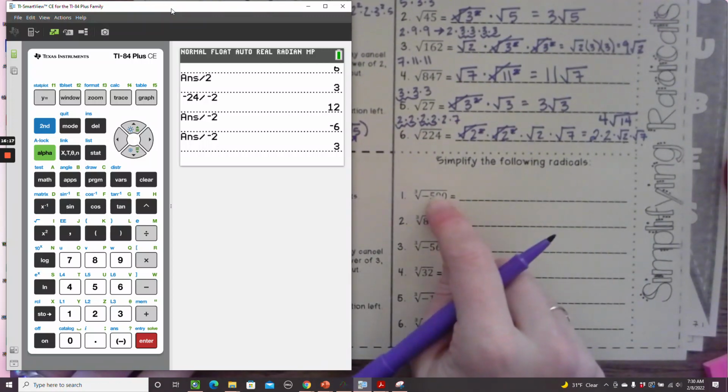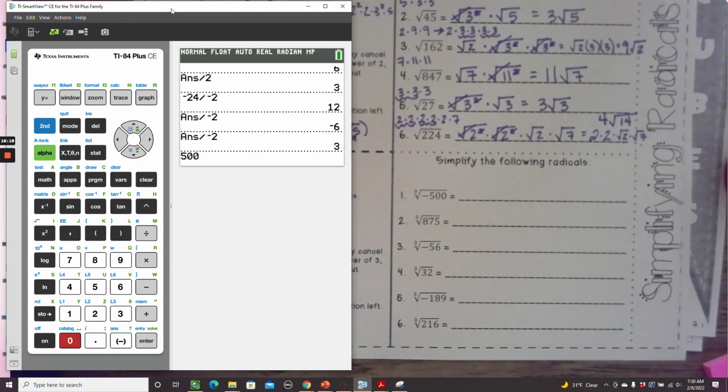All right, 500. We know 500. Let's divide it by 100. Oh, and it's a negative. Negative 500. Oops, sorry. Negative 500 divided by 100 gives me a negative 5.